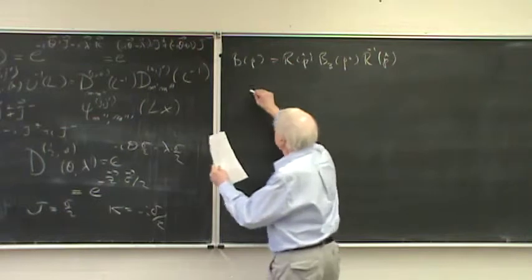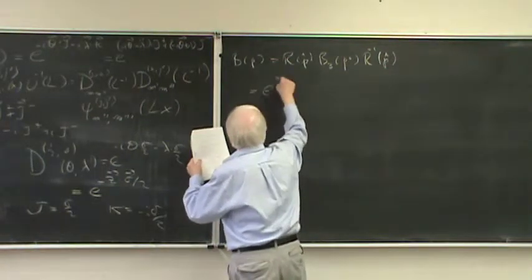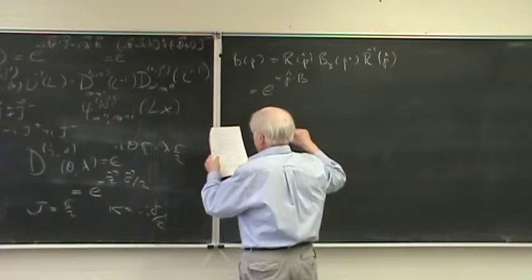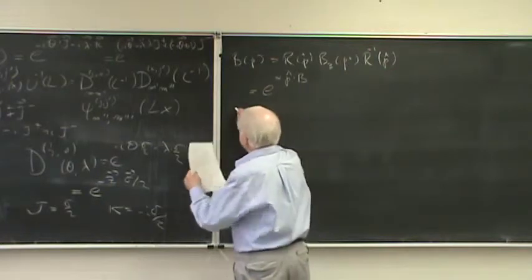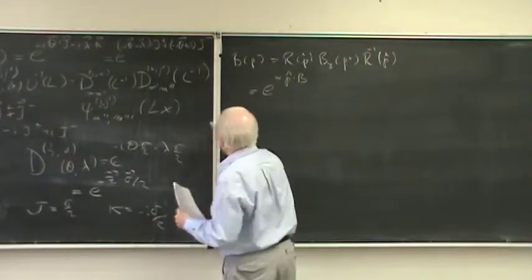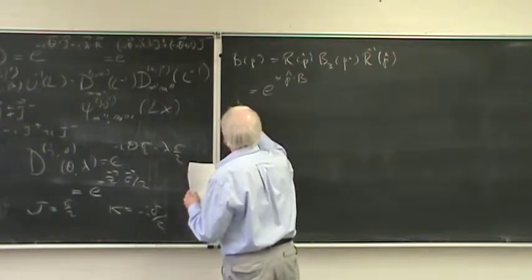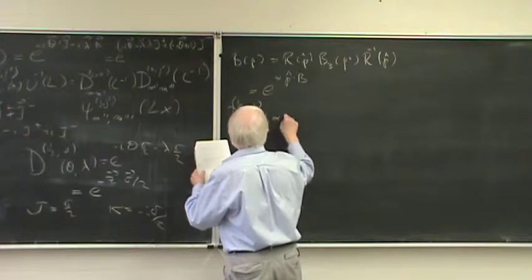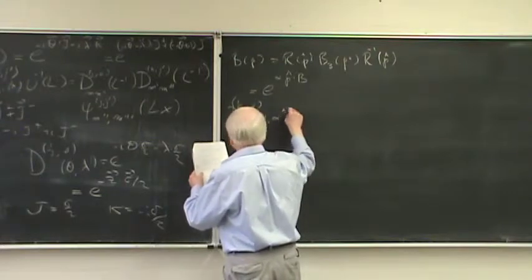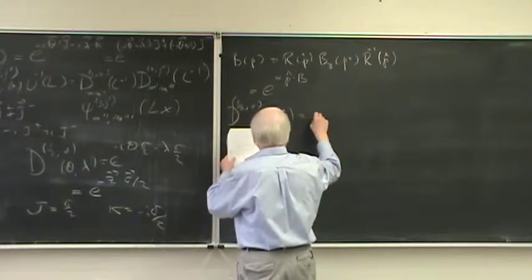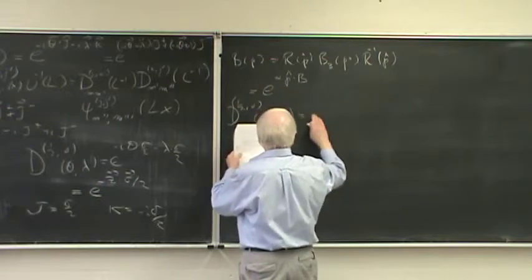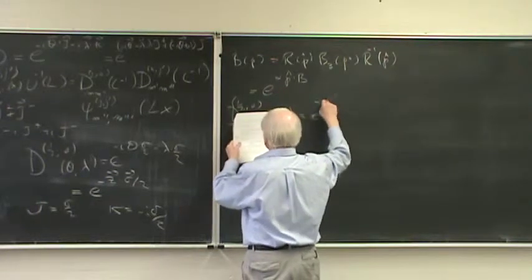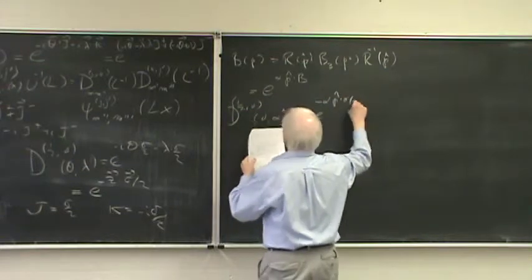And we can rewrite that as e to the alpha P hat dot B. And this means that this D (1/2, 0) of 0 and then alpha P hat is e to the minus alpha P hat dot sigma over 2.